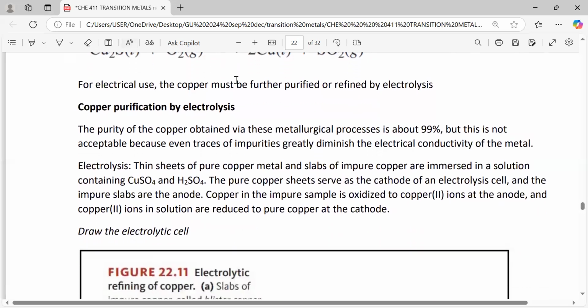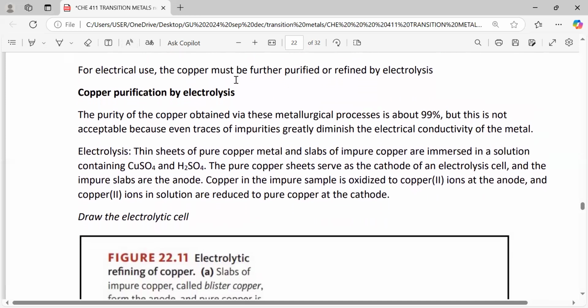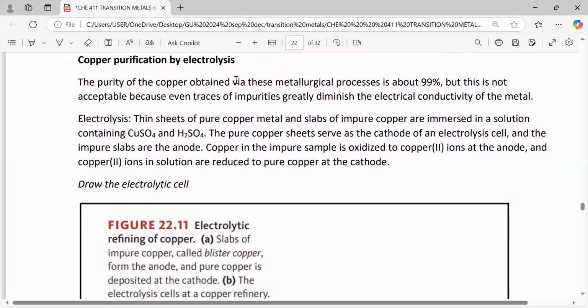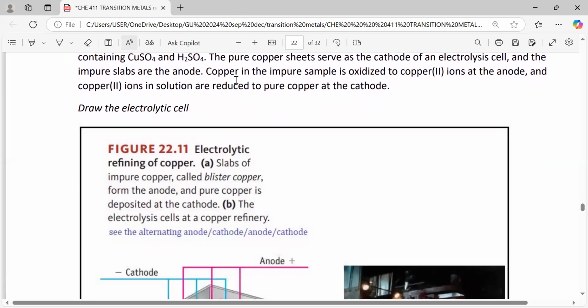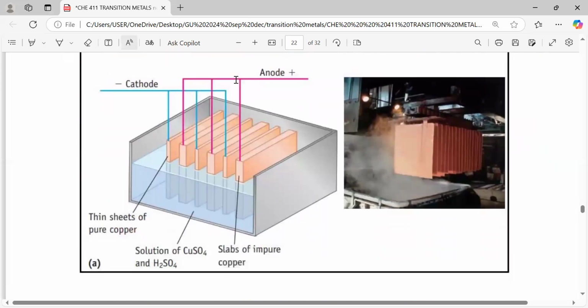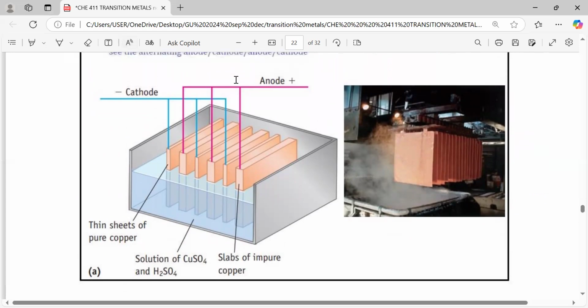However, now you need to purify it further by subjecting it to electrolysis. And in this electrolysis, you get your metal immersed in a mixture of copper 2 sulfate as your electrolyte and sulfuric acid, so that now you end up with copper being dissolved from the impure anode and deposited as pure copper on the cathode.